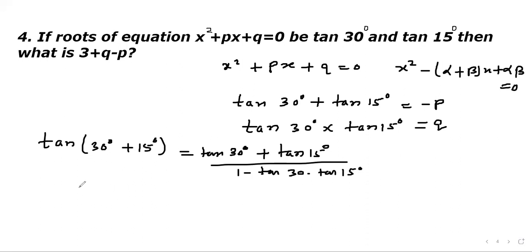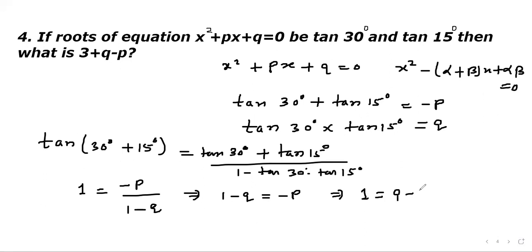So tan 45 is 1 equals tan 30 degree plus tan 15 degree, which is minus p, divided by 1 minus tan 30 into tan 15, which is q. So 1 minus q equals minus p, which gives 1 equal to q minus p.